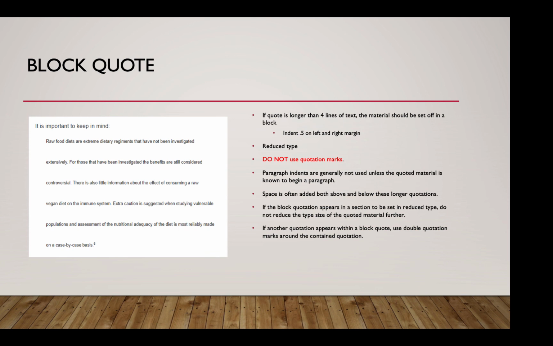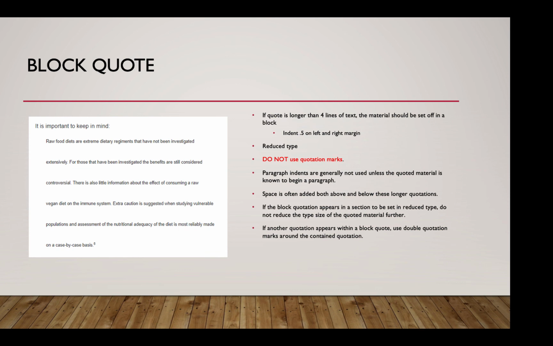Paragraph indents are generally not used unless the quoted material is known to begin a paragraph. So if it actually is the beginning of a paragraph, you would indent. Otherwise, you would not. Space is often added above and below these longer quotations to kind of set it off from the rest of the type.